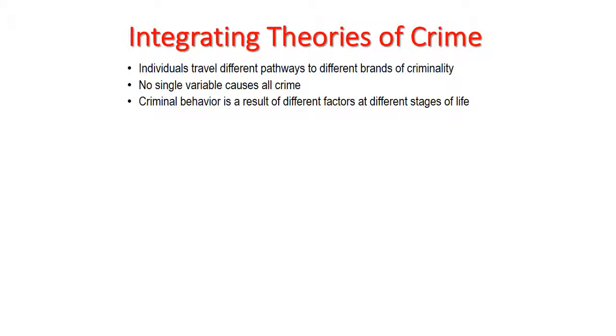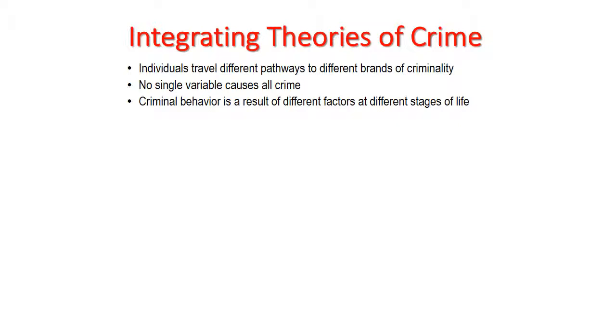Now, at this point, we know that there is no one answer that actually explains everything because individuals do travel different pathways or they have different experiences that lead them to be involved in crime. And these experiences may also influence the types of criminal behaviors that they're actually involved in.